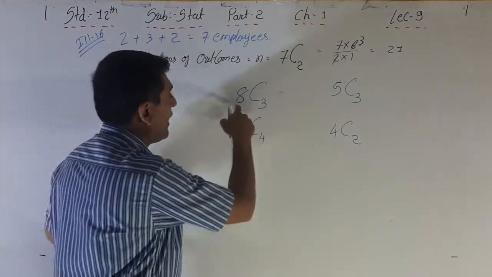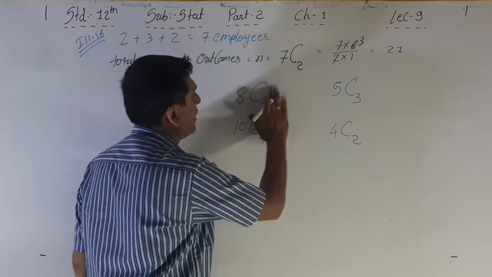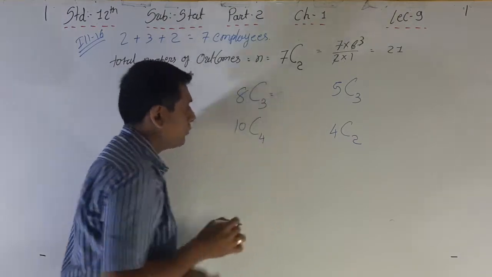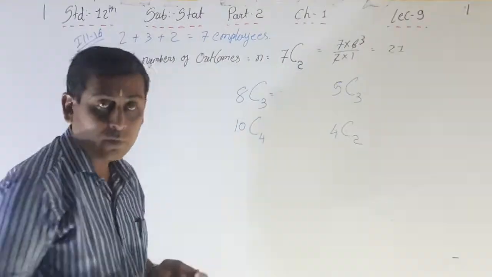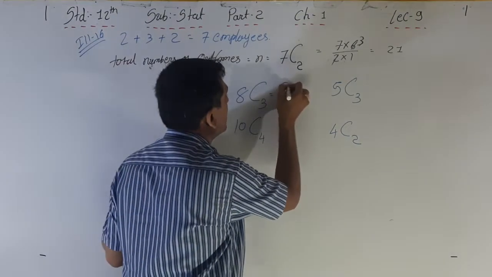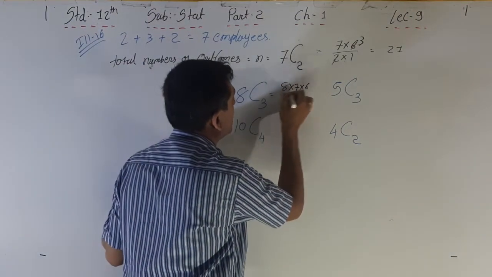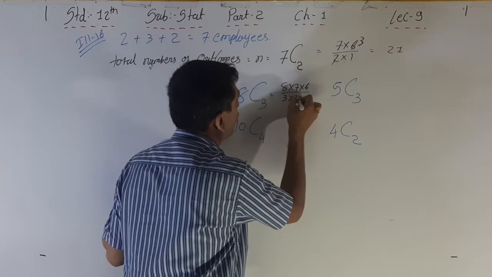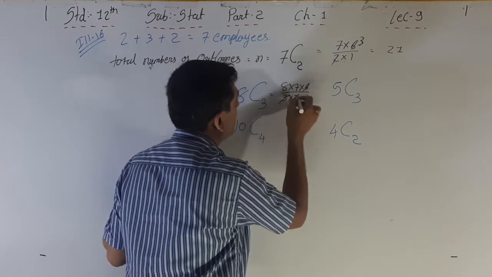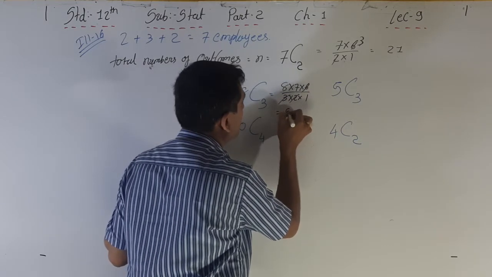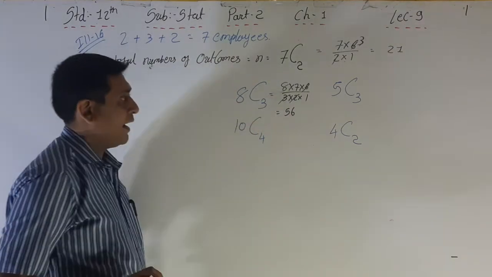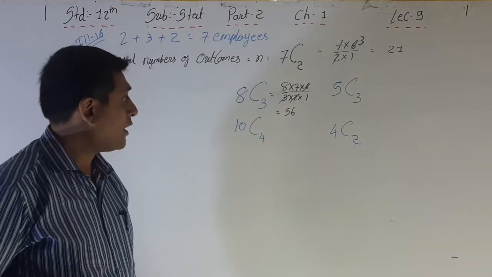See here, 8C3 means what? We have to write down up to 3 digits, right? So 8C3 means 8 into 7 into 6 divided by 3 into 2 into 1, 3 twos are 6. That's why the answer is 56. 8C3 is equal to 56.